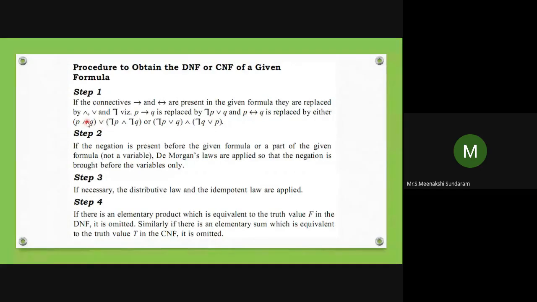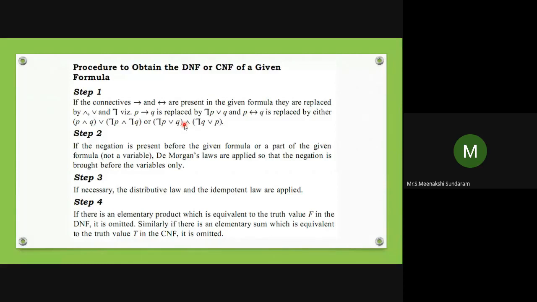That is a disjunctive normal form. For conjunctive normal form, if CNF is asked, P biconditional Q can be written as (negation P disjunction Q) conjunction (negation Q disjunction P). Outside is conjunction, and that is what we call CNF.